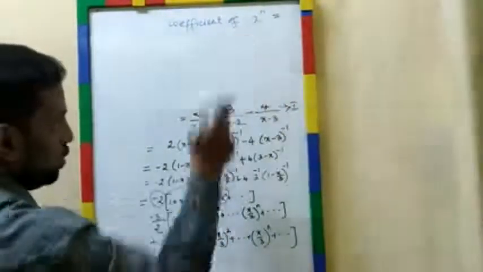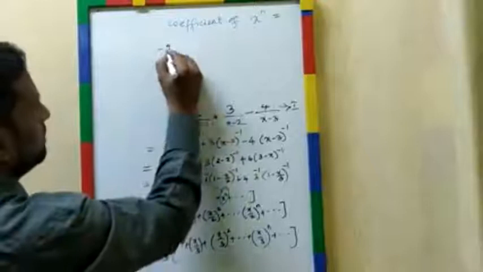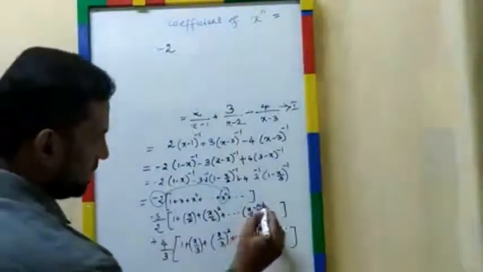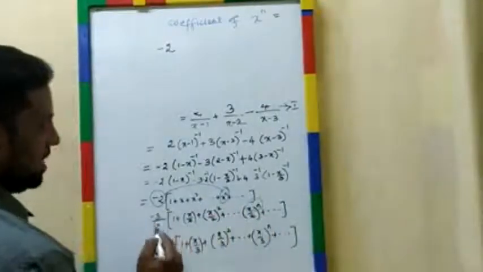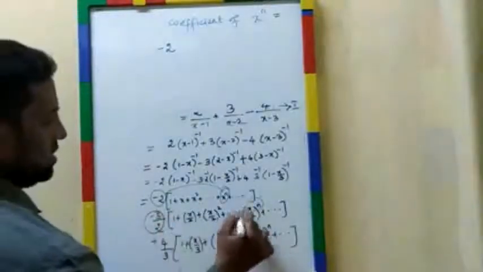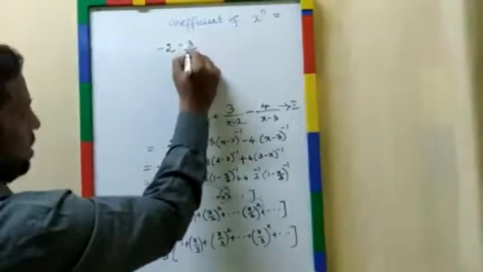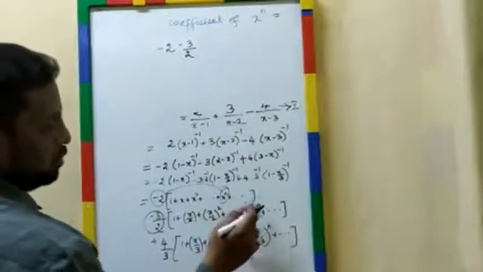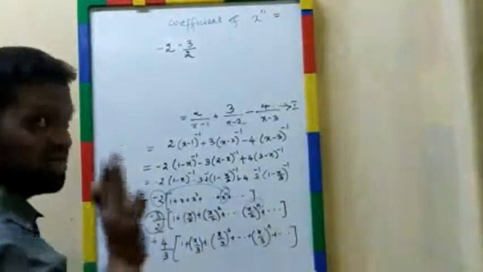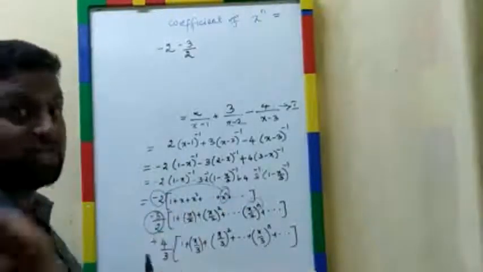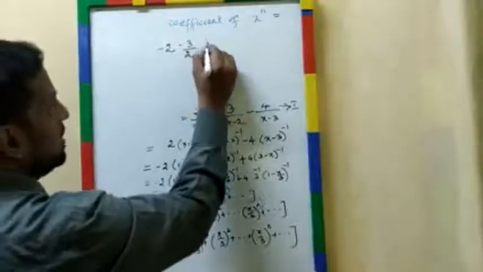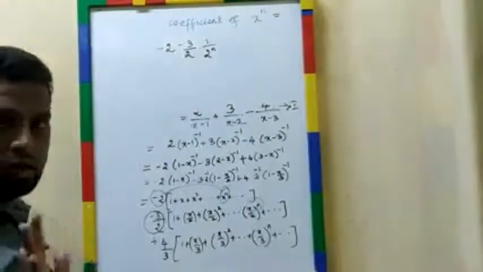So x power n coefficient is minus 2. Now here, coefficient of x power n, 2 power n in the denominator, minus 3 outside. So what you put? This term and this term, okay. Minus 3 by 2 already there. x power n coefficient, 2 power n in the denominator still remains there, because coefficient of x power n means only the multiple term, not x power n. So leave out x power n. Remaining is 2 power n in the denominator.